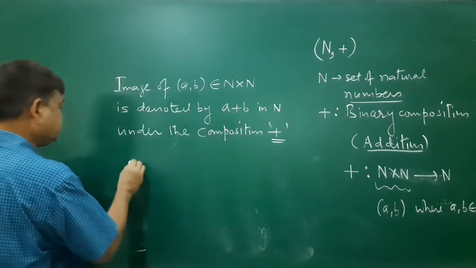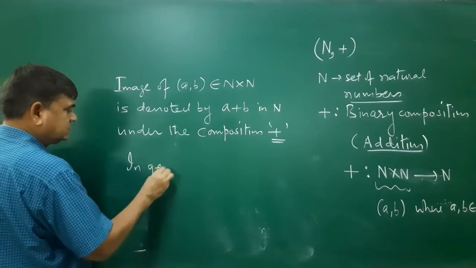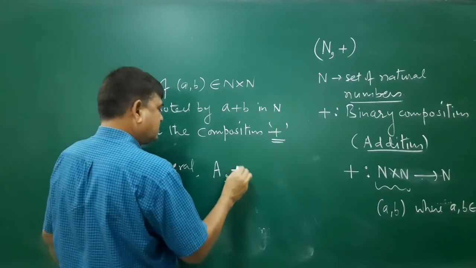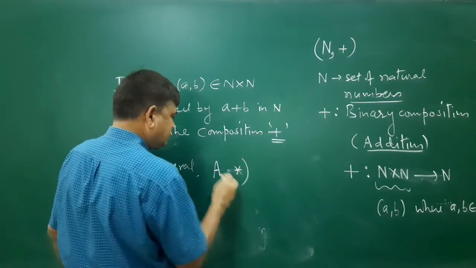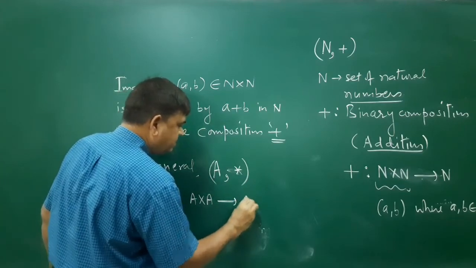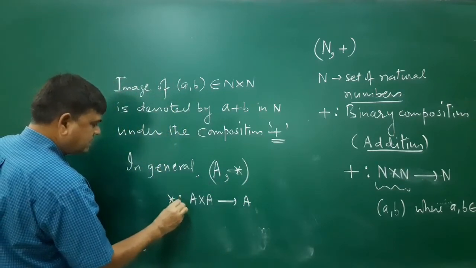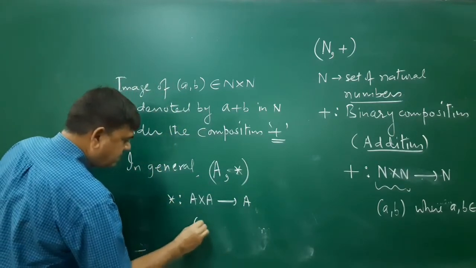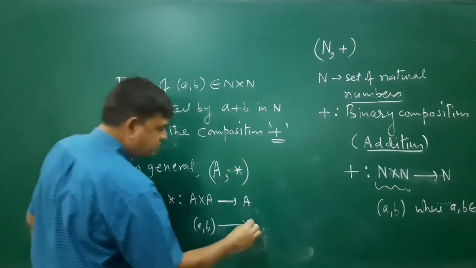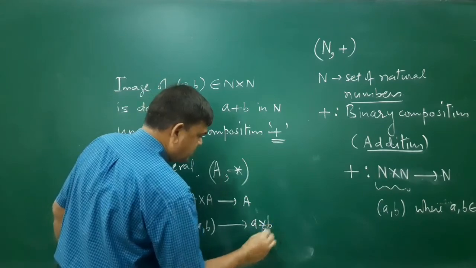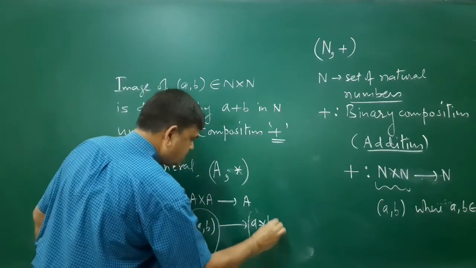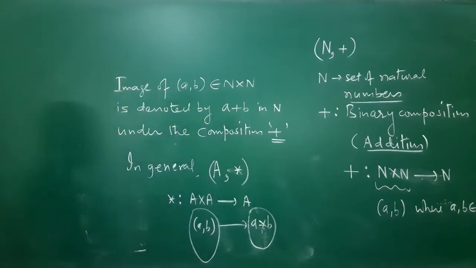So in general, here it is A cross A to A, (a, b) goes to a star b. This is the set.